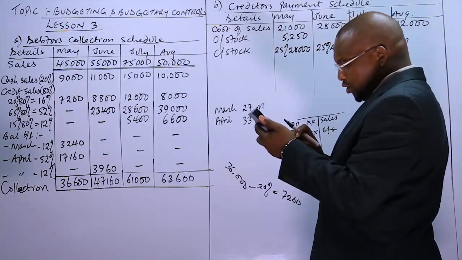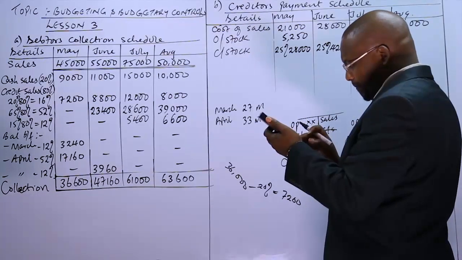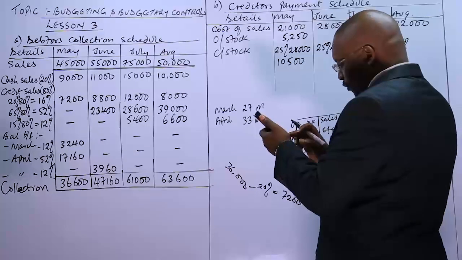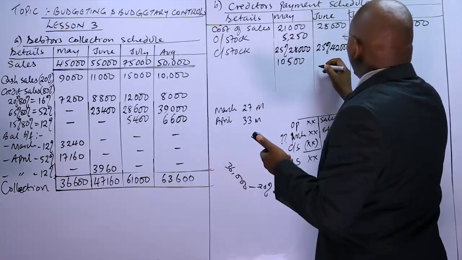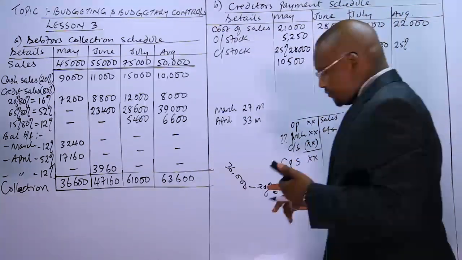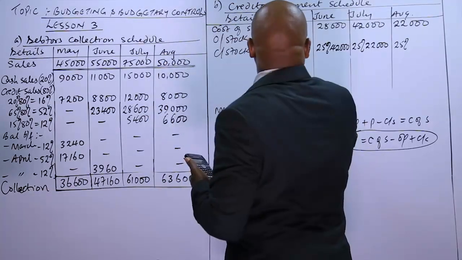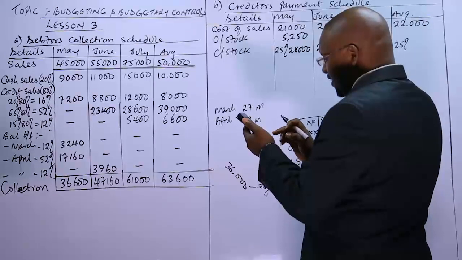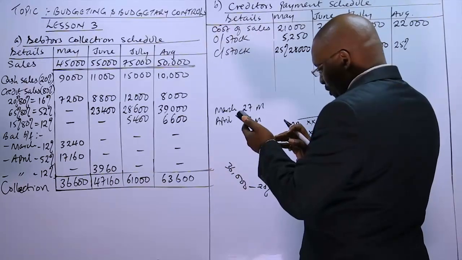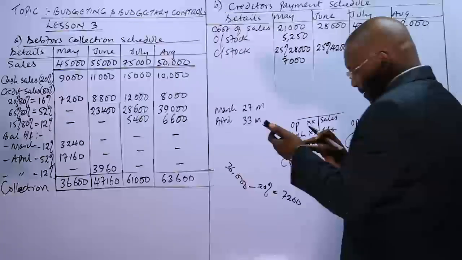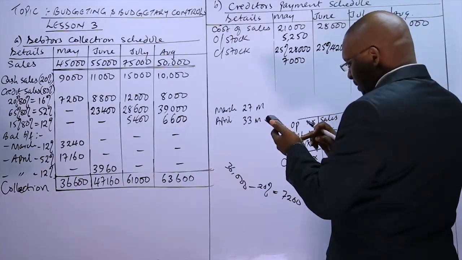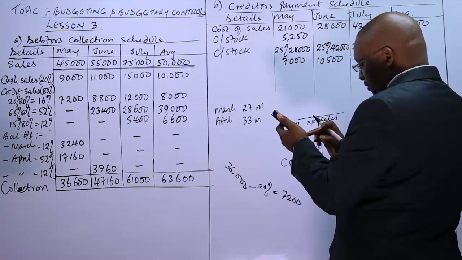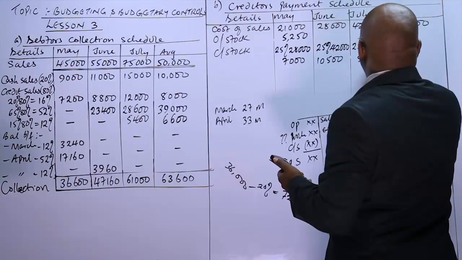This shall mean 0.25 times 28,000, we get an amount of 7,000. 0.25 times 42,000, this is 10,500. 0.25 times 22,000, this is 5,500.